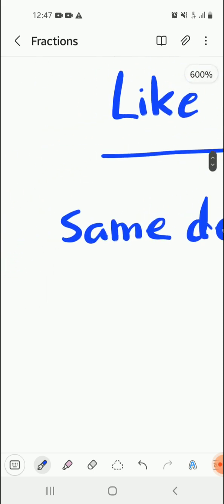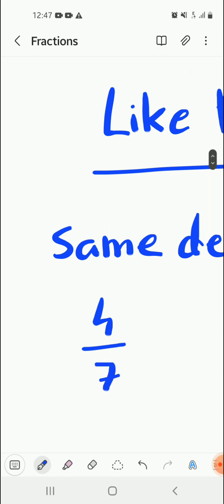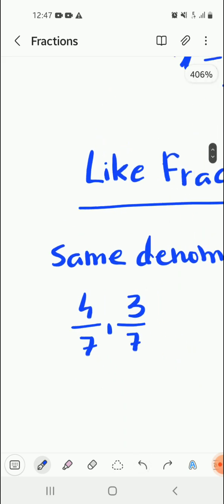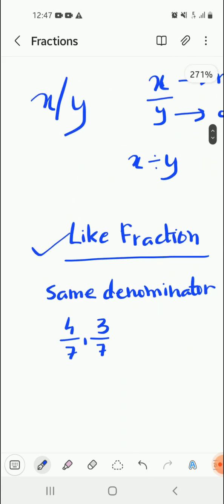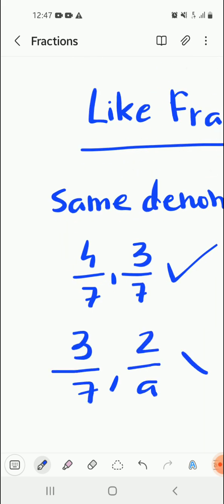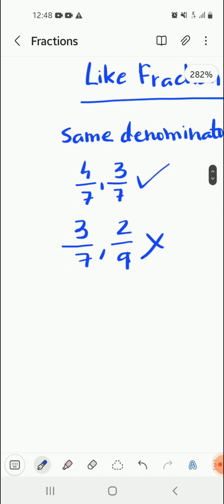For an example, 4 by 7, 3 by 7. Both have the same denominator 7. It means it is a like fraction. If it was 3 by 7 and 2 by 9, then it wouldn't have been a like fraction.